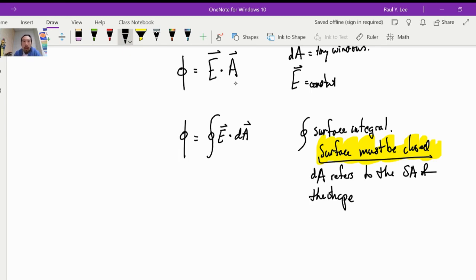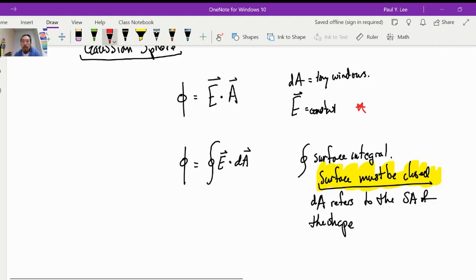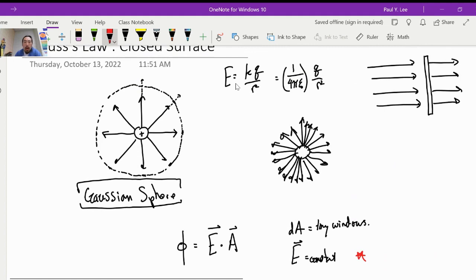All right. So with our formula here, let's actually take a look at what we can do. Oh, before we move on, I don't want to move past this idea where the E field is constant. Okay, so let's go back to this drawing. We see here that we drew teeny tiny windows spread throughout, and I can make the statement that our teeny tiny windows are equidistant from the charge. Okay, so I'm going to write that down.